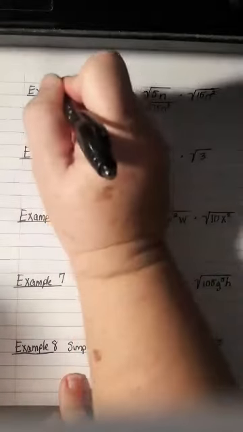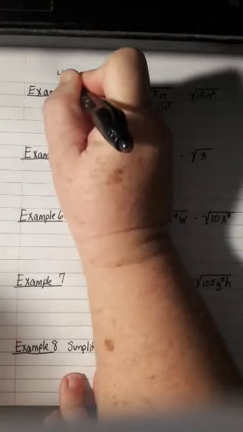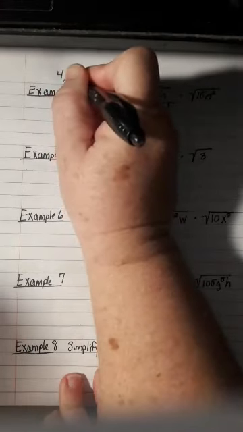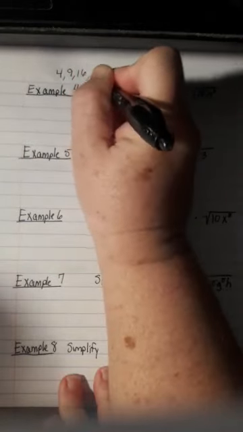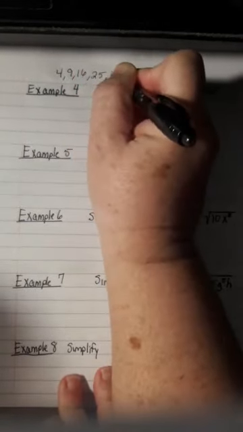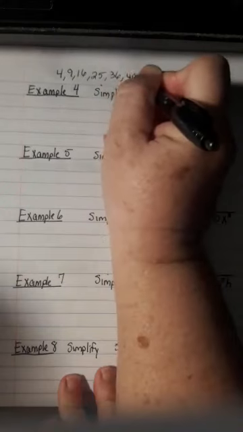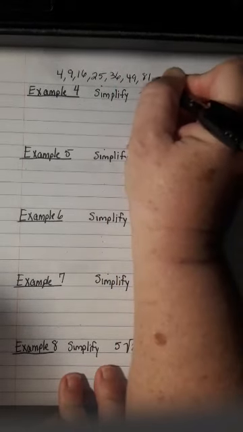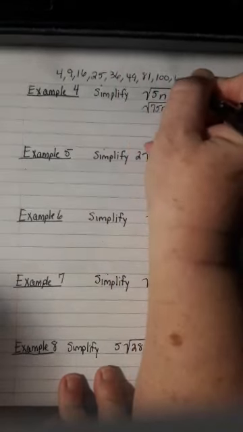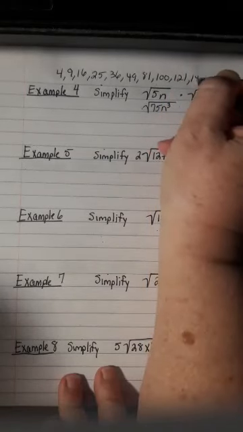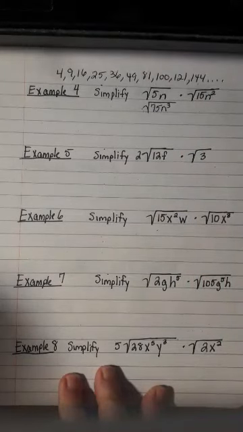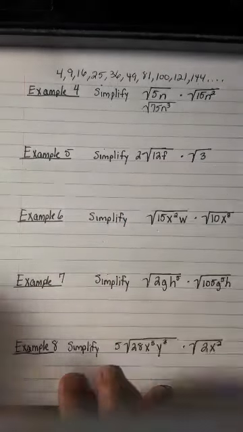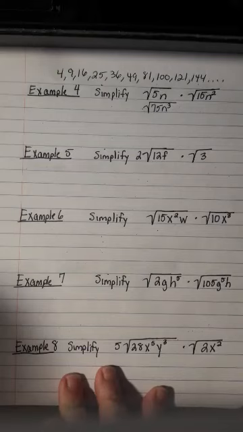I'm going to write the perfect squares up here again, and it will help you when you're doing your IXL to write these down so you'll have them in front of you. 4, 9, 16, 25, 36, 49, 81, 100, 121, 144, and they go up higher, but you won't have too many that have perfect squares higher than 144 that will divide into the number, I don't think, on your IXL lesson.